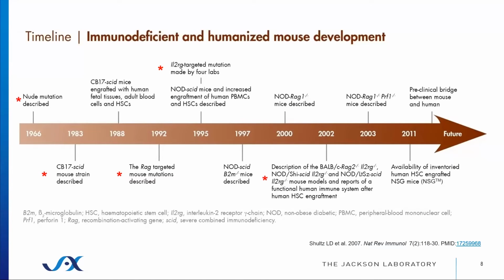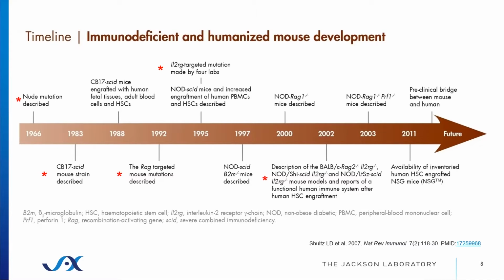The search for the perfect immunodeficient mouse strain has been an ongoing process since the late 1960s, when the nude mutation arose spontaneously. With nude mice, researchers could, for the first time, transplant cells from different organisms into the mouse. In the 1980s, with the discovery of the spontaneous mutation scid, researchers saw the possibility of human cell engraftment.